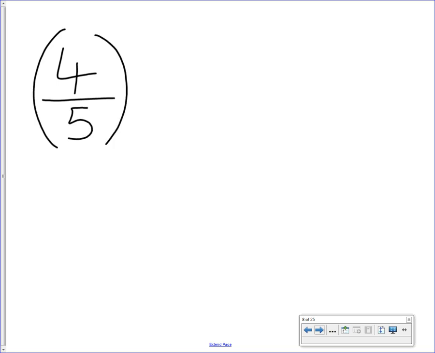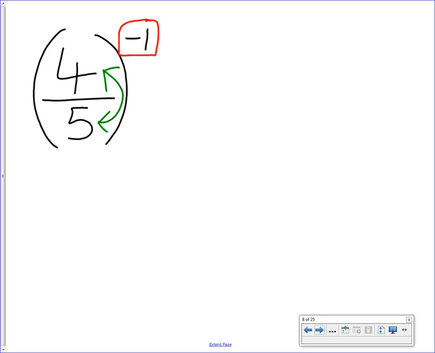Now, another example is 4/5 to the power of -1. So, because this is -1, we are flipping the things around. Remember I was talking about the invisible fraction before of any number over 1?